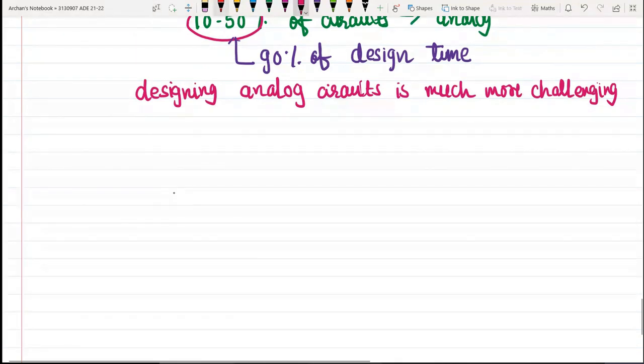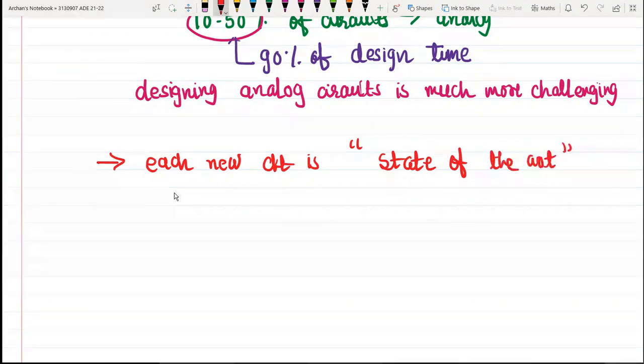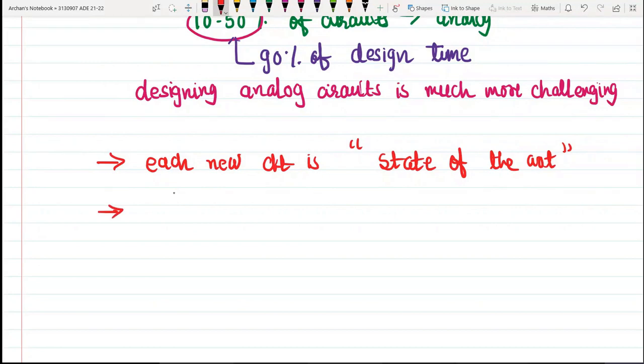Okay, so talking about this analog circuit, each new analog circuit is state of the art. Okay, for one typical application we are going to design one analog circuit, and that analog circuit cannot be used for another purpose.